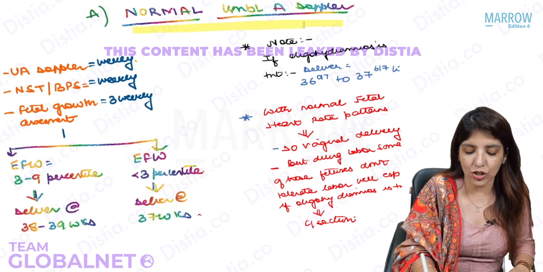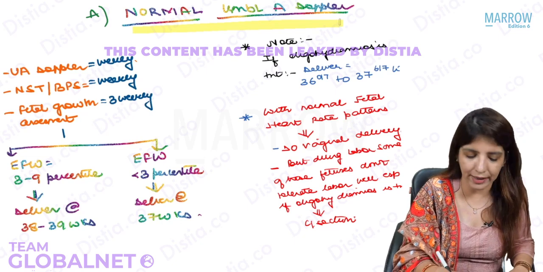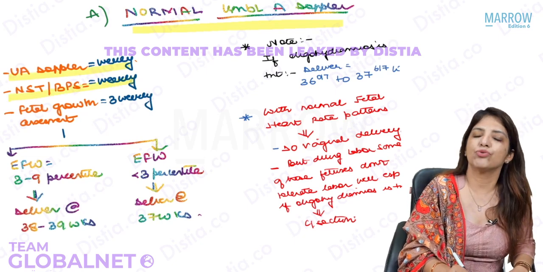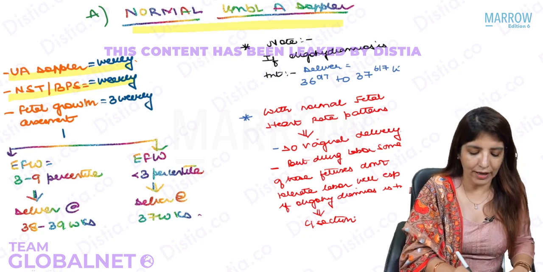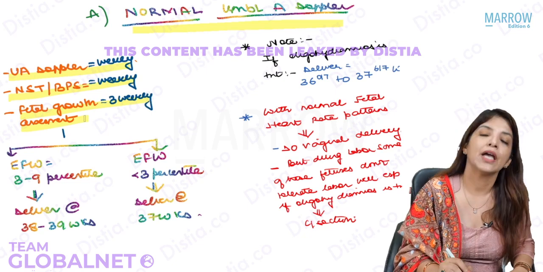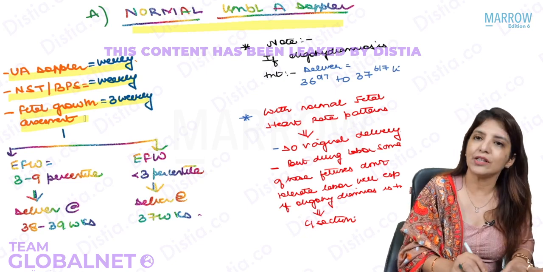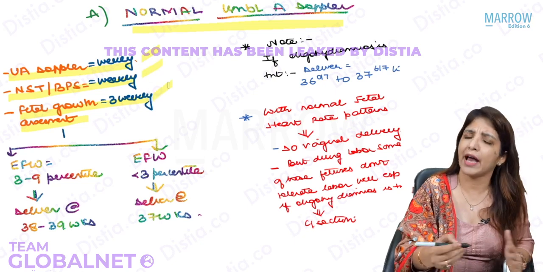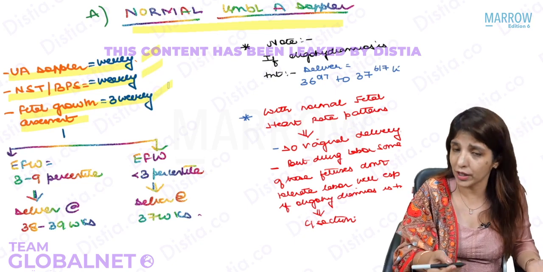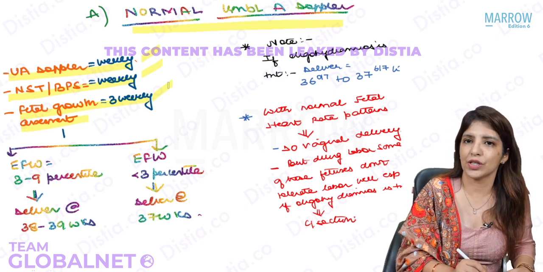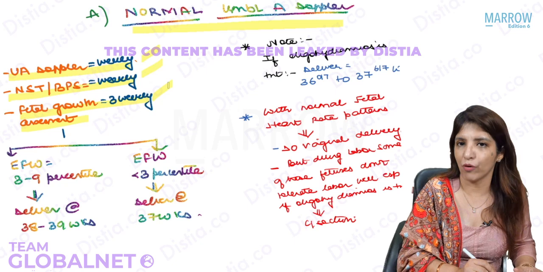Now, in this situation where you are getting a normal umbilical artery Doppler, you are going to repeat the Doppler weekly, you are going to do NST or biophysical profile weekly, and you are going to assess the fetal growth 3 weekly. Now, if everything remains normal, if the Doppler remains normal, NST remains normal, and fetal growth is just showing you IUGR, then depending upon how much growth restriction is there, I'm going to plan the time of delivery.